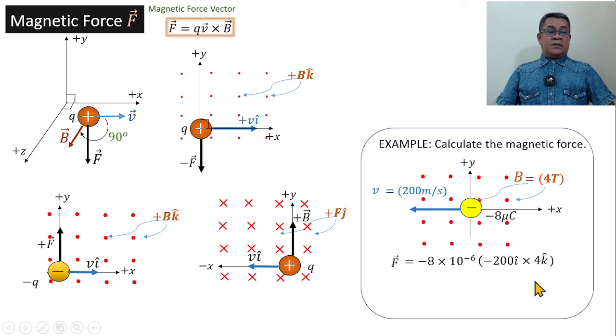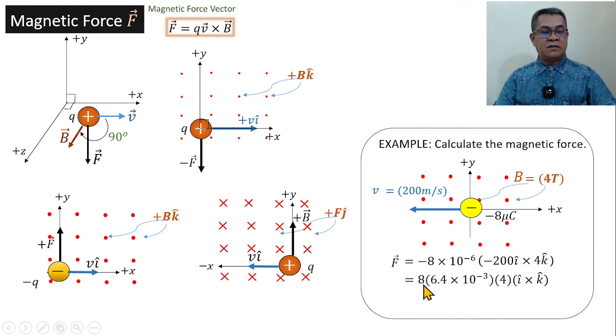Because it is towards you, the z-axis. As I said a while ago, these are scalars: the negative 8 times 10 to the negative 6, the negative 200, and the positive 4 are all scalars. Then you can multiply them all. Negative times negative becomes positive.